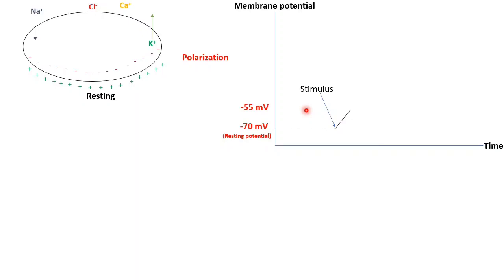Okay, and at that level of negative 55 millivolt of membrane potential, something very interesting occurs. Many sodium channels open. That level, we call threshold potential. When we reach or hit this threshold level, many sodium channels open.